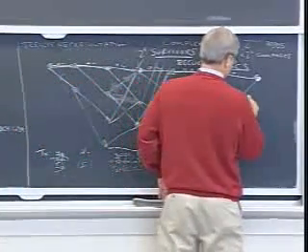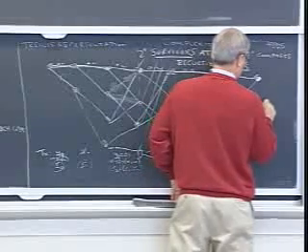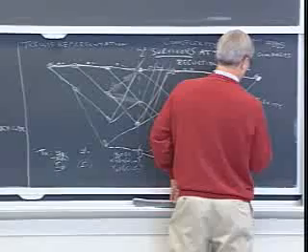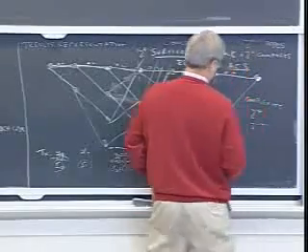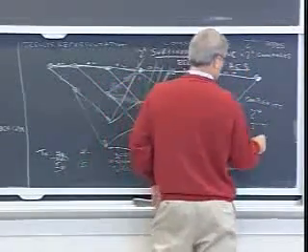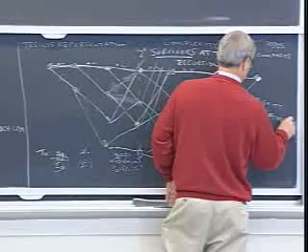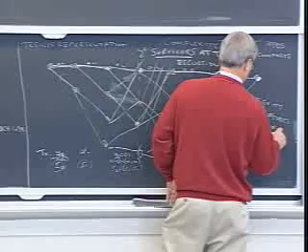Overall, you can say the complexity is of the order of 2 to the nu, or 2 to the nu plus 1. This is the number of states, or the state complexity. This is the number of branches.